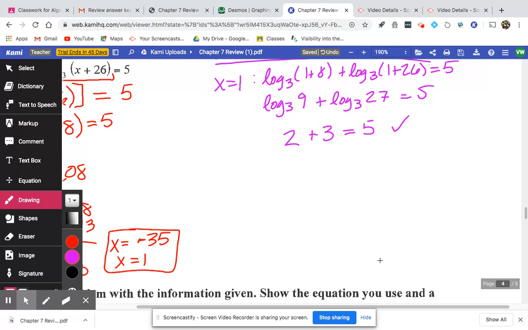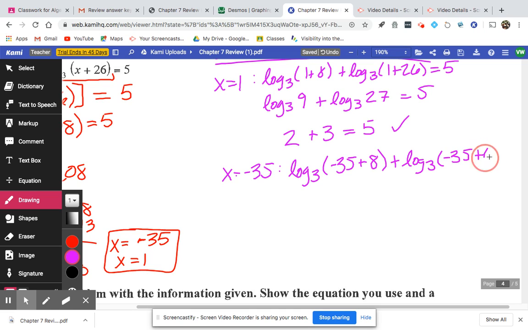Now we need to check x equals negative 35. So once again, plug in everything into the original equation. Log base 3 of (negative 35 plus 8) plus log base 3 of (negative 35 plus 26). Whoops, getting ahead of myself again.